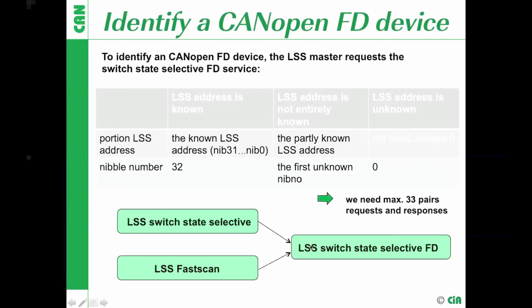Benefiting from CANopen FD, this new service, switch state selective FD, merged the functions of switch state selective and fast scan in CANopen. For the use case where the LS address is completely unknown, we need a maximum of 33 passes, requests and responses.